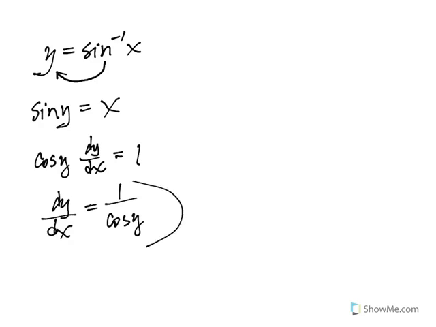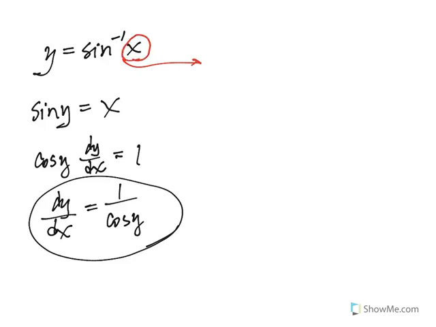Okay, so it's this formula right here that I need to take a look at. I want to get rid of part of this, and here's how I'm going to do it. I go back to my original formula, y is equal to the arc sine of x. And remember that this is the ratio, this is the angle. So I'm going to draw a triangle in quadrant 1.